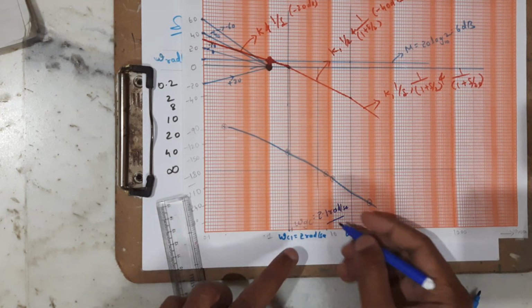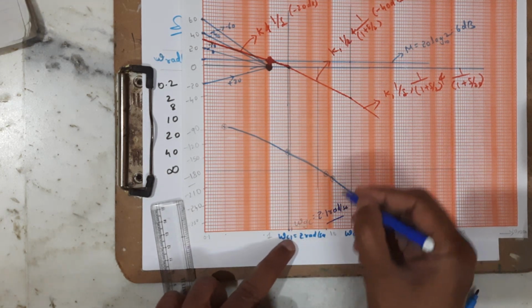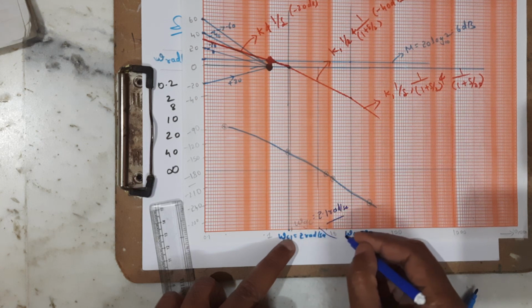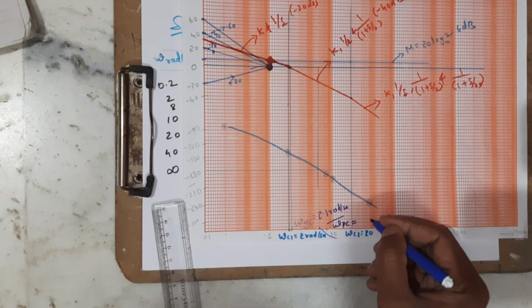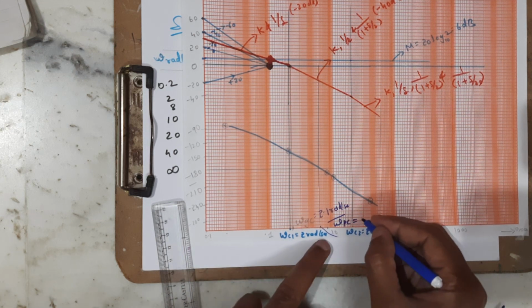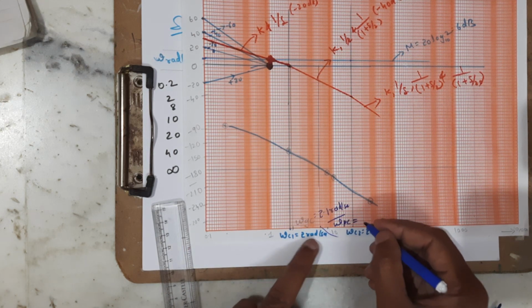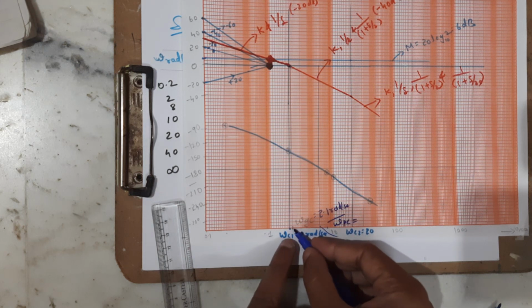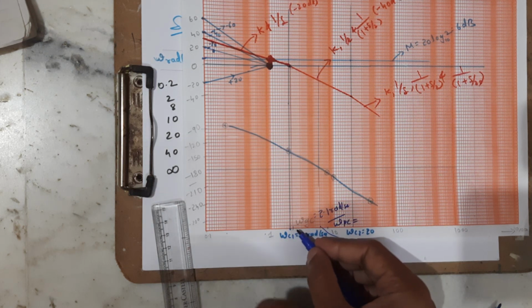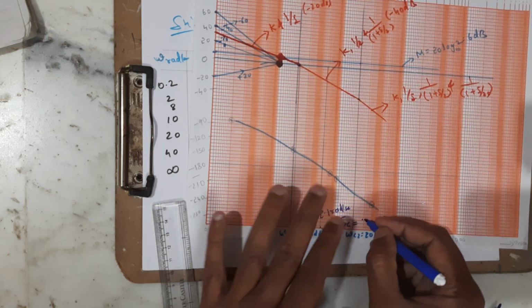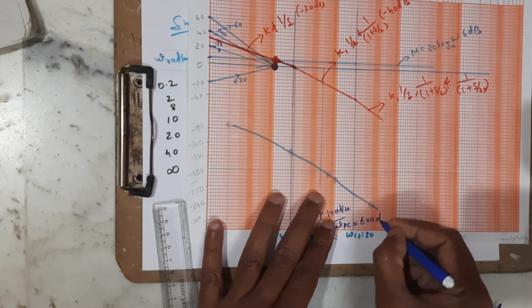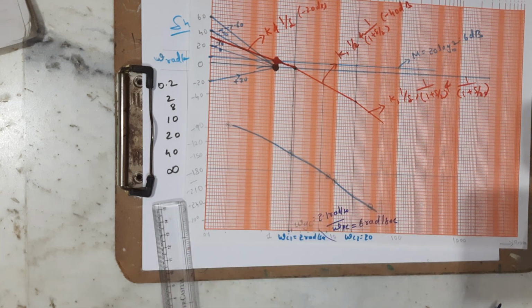So this is the omega pc. What is omega pc? That is equal to 6 radians per second. Okay, approximately it is 6 radians per second.